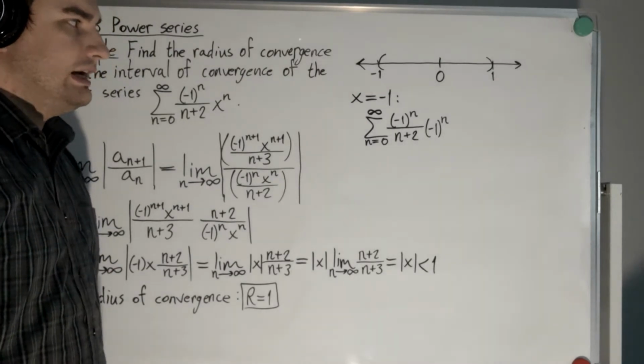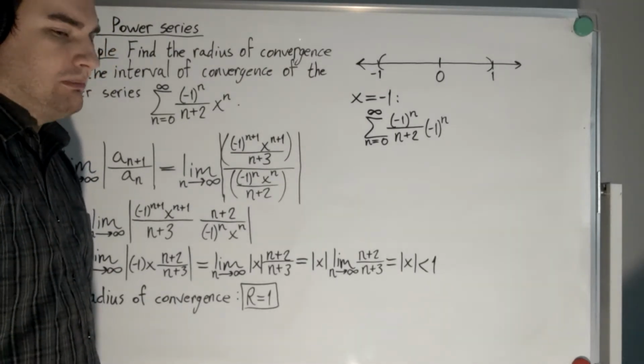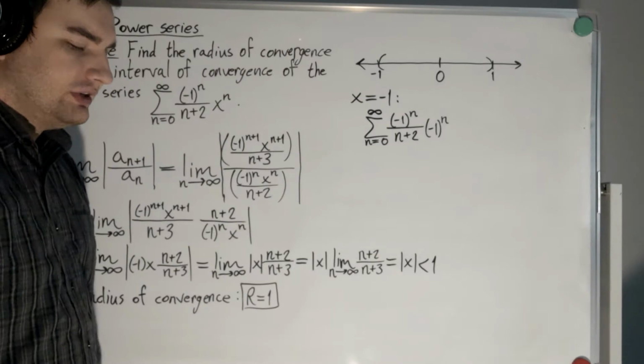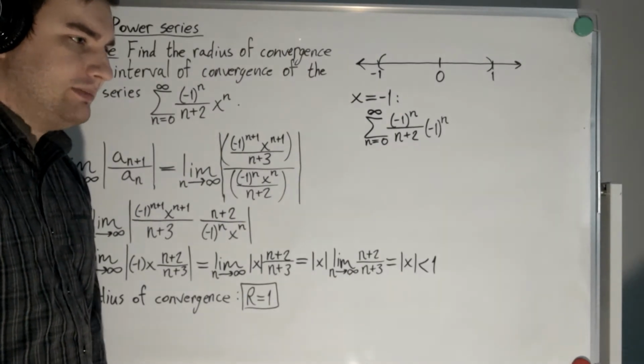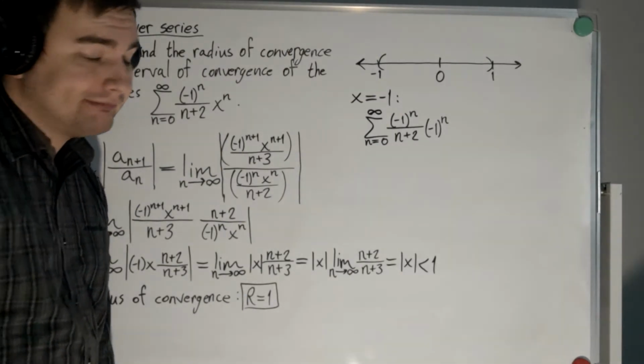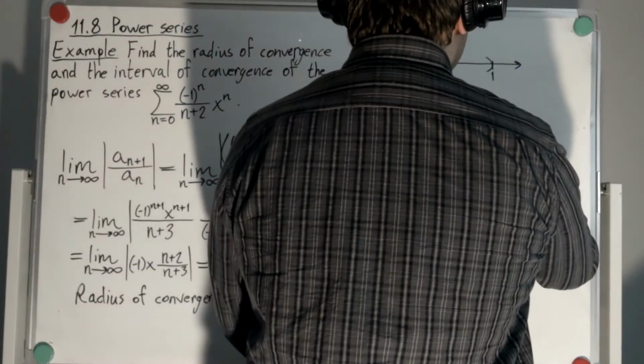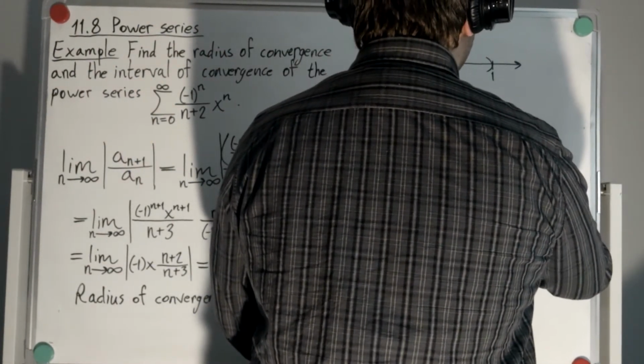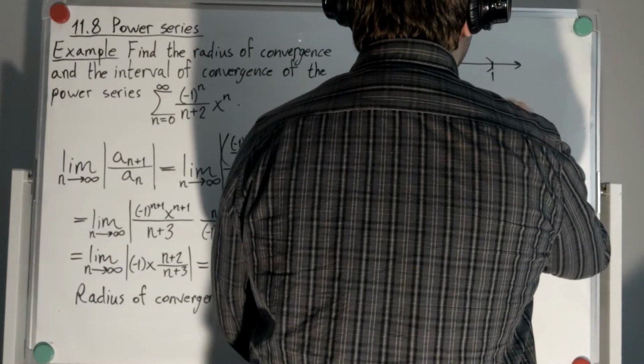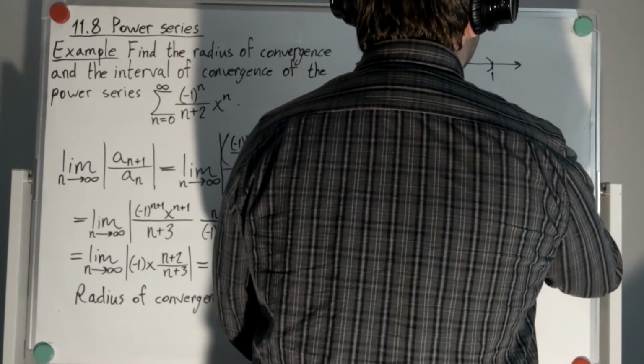Okay, -1 to the n might be 1 or it might be -1, but no matter what, if you multiply it by itself, you'll get 1. So these will just cancel. So this will be the sum from n equals 0 to infinity of 1 over n plus 2.